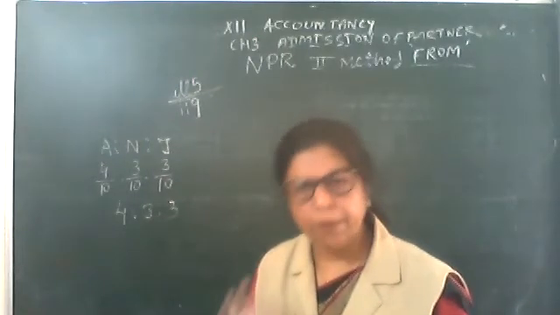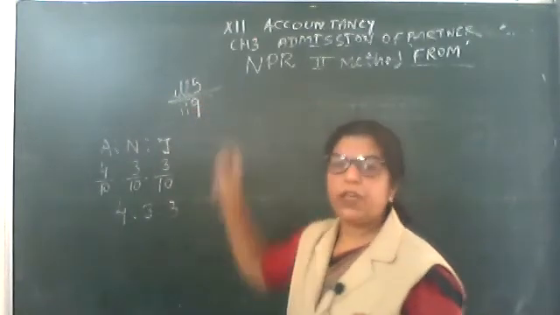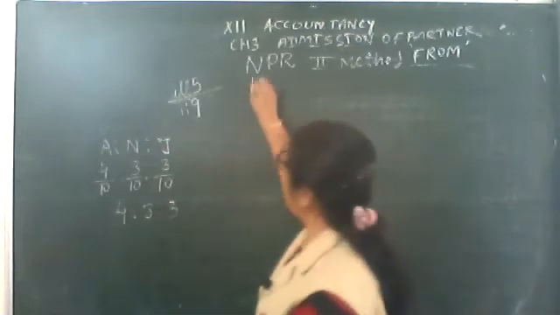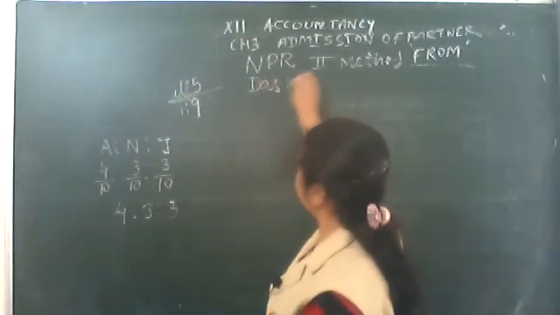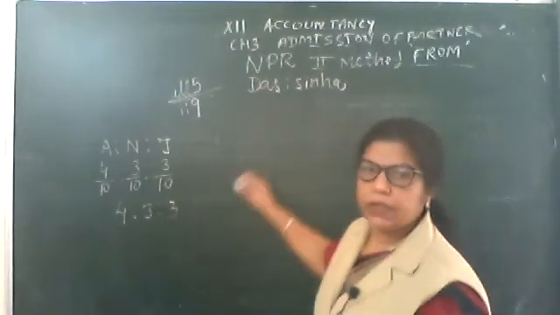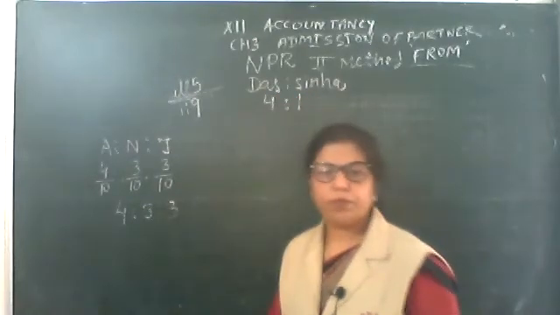The method will be the same, but look here, this is illustration 5, page number 119, Das and Sina are the partners in 4:1.